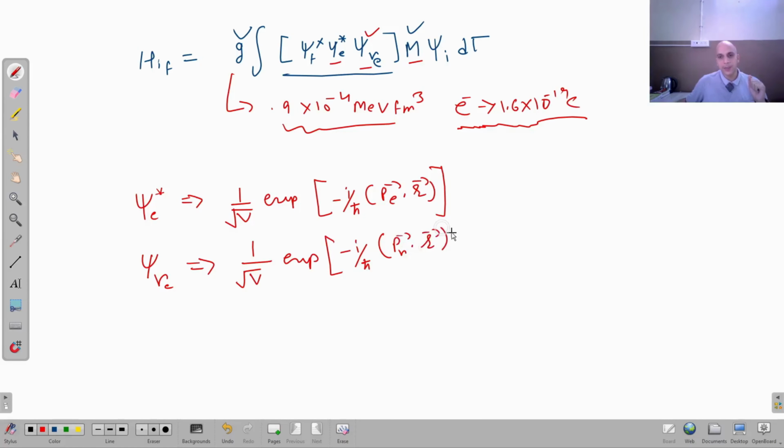Here in these expressions, V is the volume of the system which encloses this entire reaction, and P electron and P neutrino are the momentums of electron and neutrino respectively. r is their position vector. This is the expression for the wave functions. We have the knowledge of it from quantum mechanics.